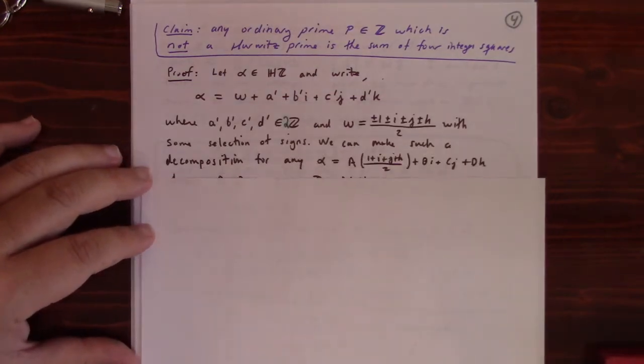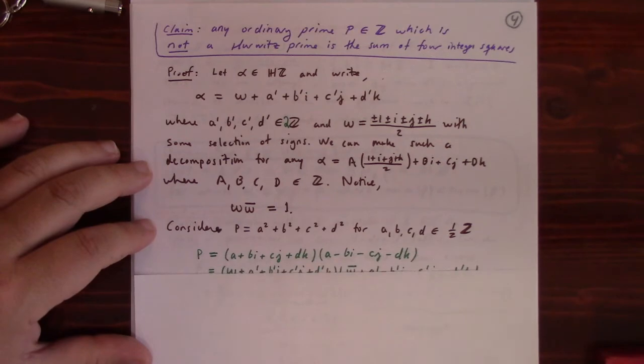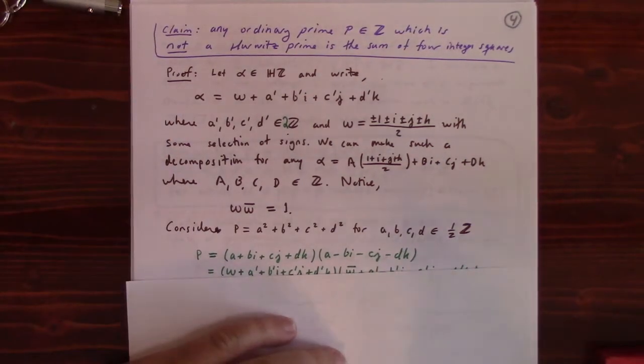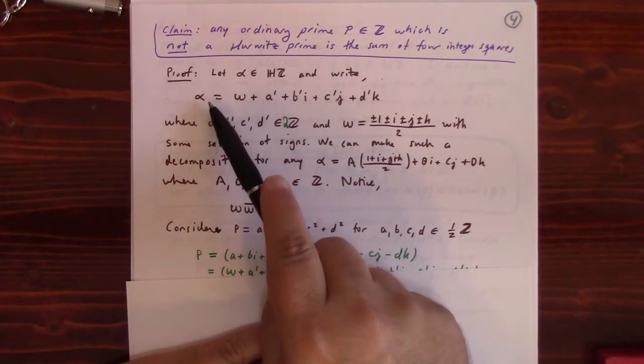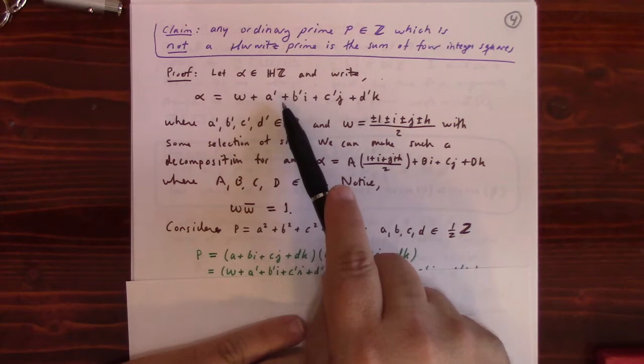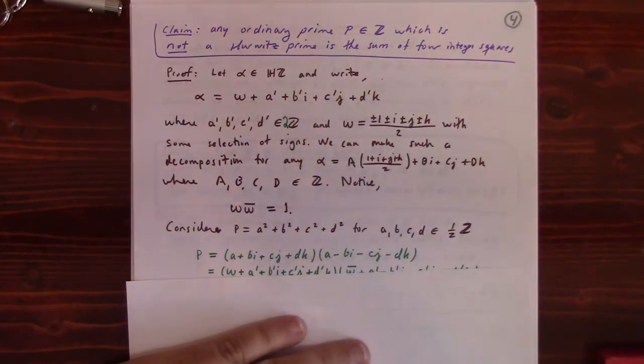I thought that's what I just proved. Well, I am most confused. Well, let's see if this is actually different. I don't know. Let's see if alpha, I'm writing it as omega plus a prime plus b prime i plus c prime j plus d prime k.